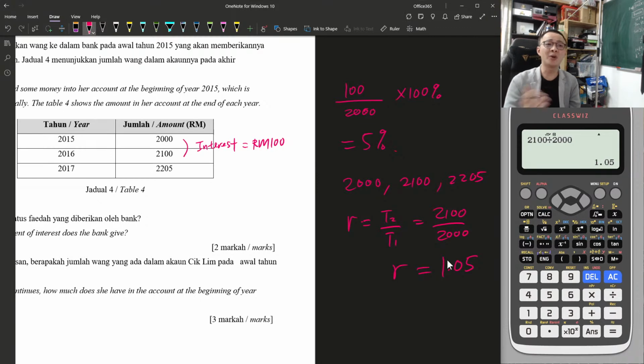If you did interest questions before in geometric progression, this one means the 100% original amount remains plus another 5%. Or you learned about index numbers, right? 1.05 means what? Increase 5%. So therefore, from here, you can also say the interest rate is 5%. Just depends which method makes sense to you. All right, so 2 marks.